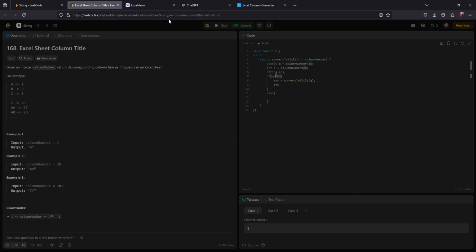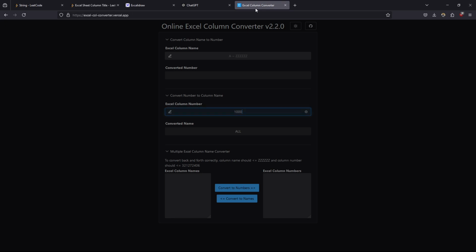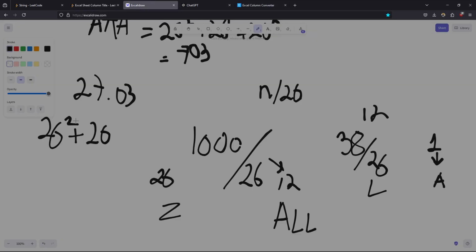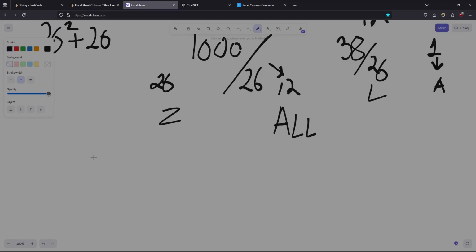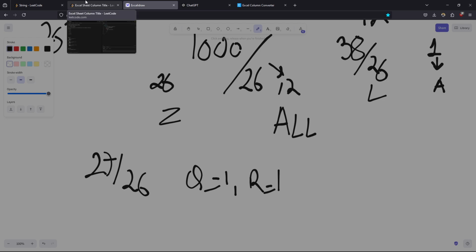We are actually using the quotient. So what happens when the quotient is not greater than 26? Let's say if you divide a number by 27, then the quotient will be 1 and the remainder will be 1, right? So it will come here.